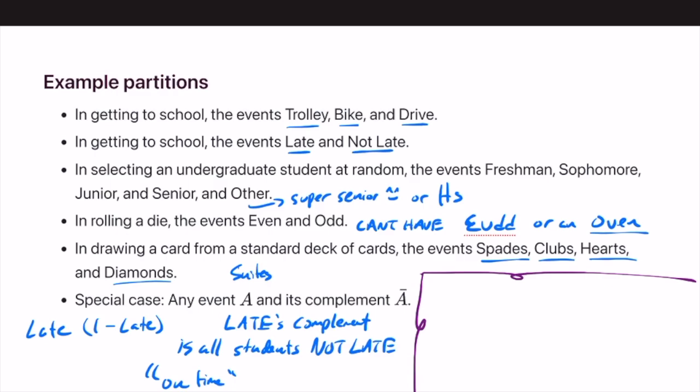So if we have, let's say, events A, B, and C, and they are pairwise mutually exclusive events, but they're not a partition.